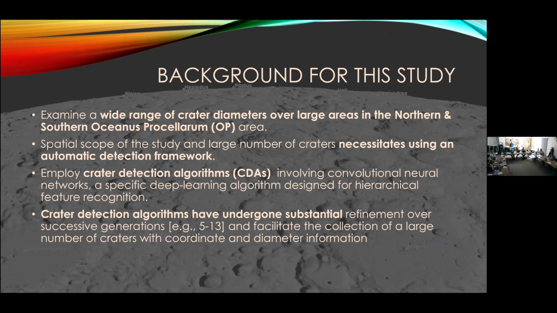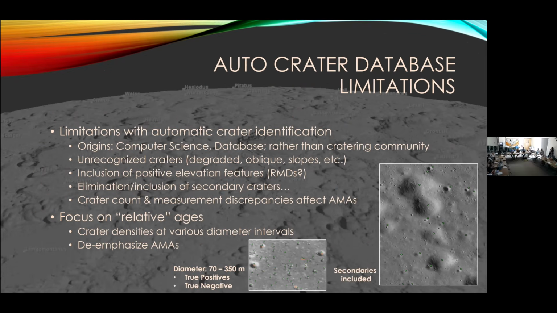This framework employs crater detection algorithms, CDAs, involving a convolutional neural network, as Stuart described earlier, along with deep learning algorithms. Believe it or not, crater detection algorithms have undergone substantial improvement and refinement over generations. So they are getting better?